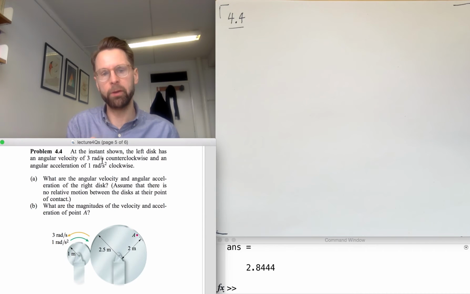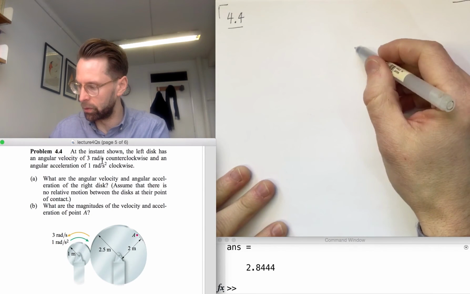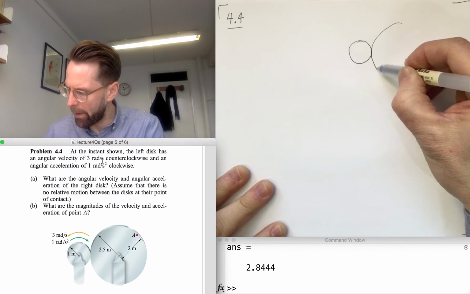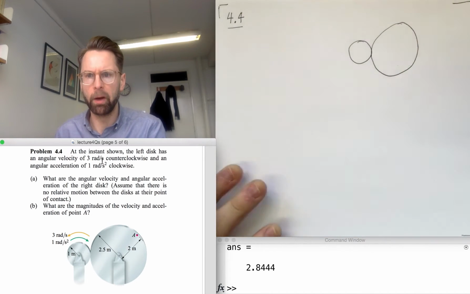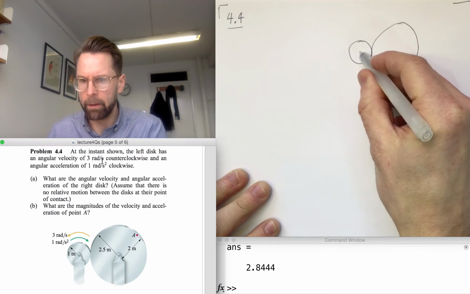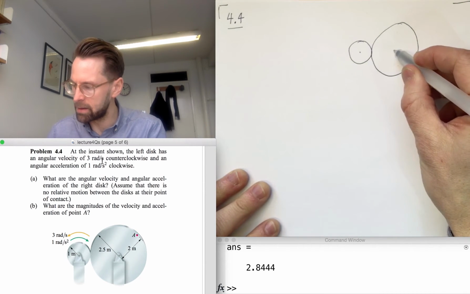The first part, so part A, asks what is the angular velocity and the angular acceleration of the larger disc. So I'm just going to draw a quick sketch. There we go, two perfectly circular discs. Those are the fixed axes.